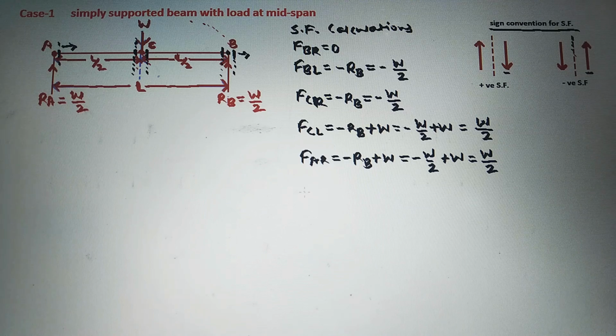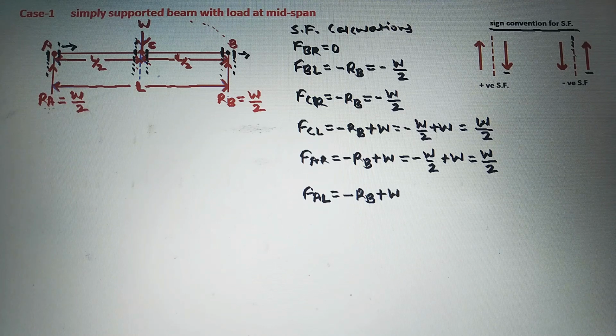Next we will take shear force at a section just left of A. See here, this is the section just left of A. See on the right side, first is RB, so RB will be negative, right side of a section acting in upward direction. Next is load W, that will be positive, acting in downward direction.